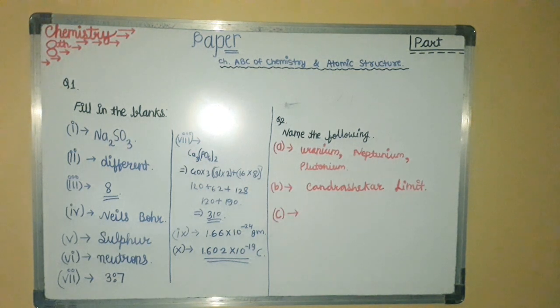Third question is, name the compound used in the coating for detection of the alpha particles. So the name of that compound is zinc sulfide. This is the name of that compound.